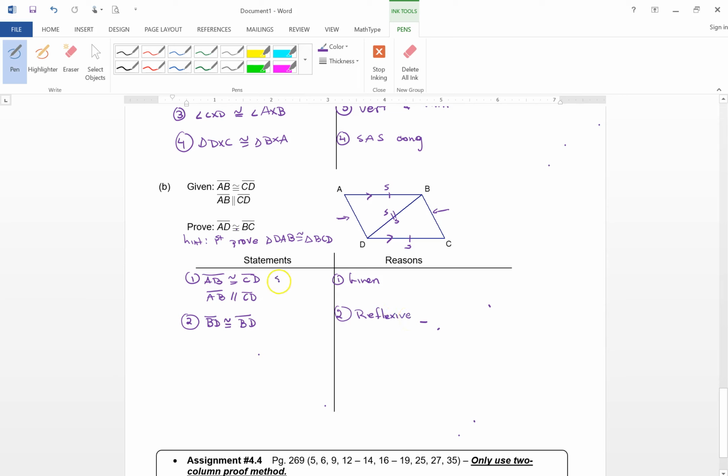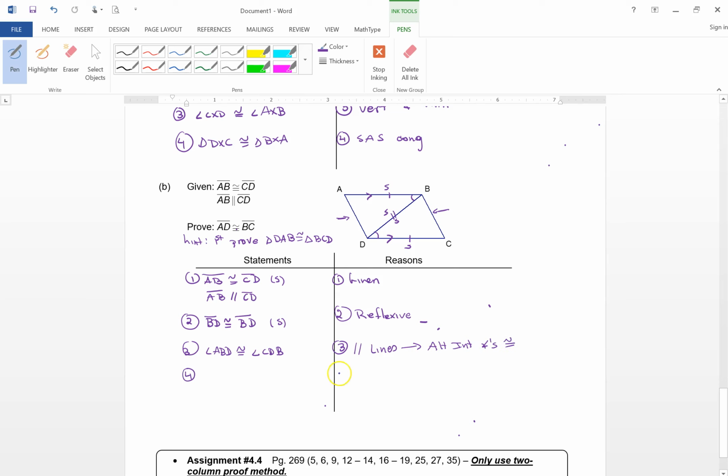So here we have a side that's congruent. Here we have a side that's congruent. This angle and this angle are alternate interior angles, so they're congruent. So angle ABD is congruent to angle CDB because of parallel lines, which implies alternate interior angles congruent.